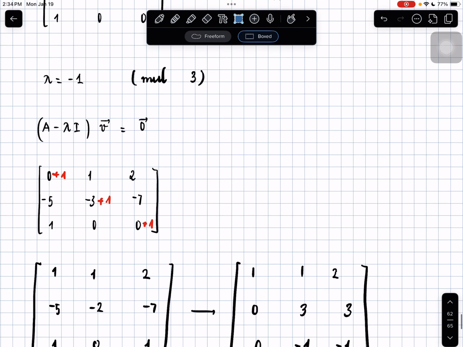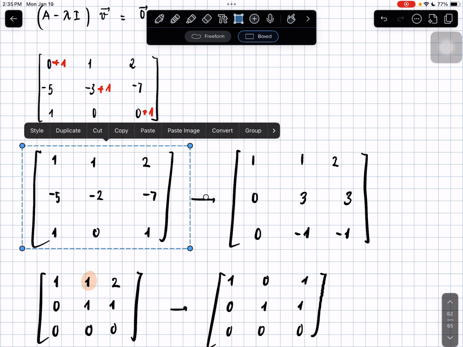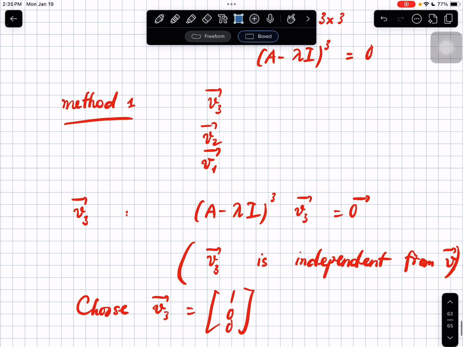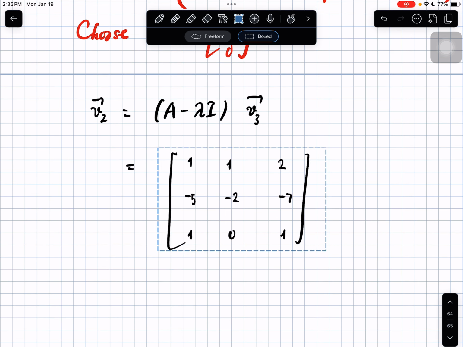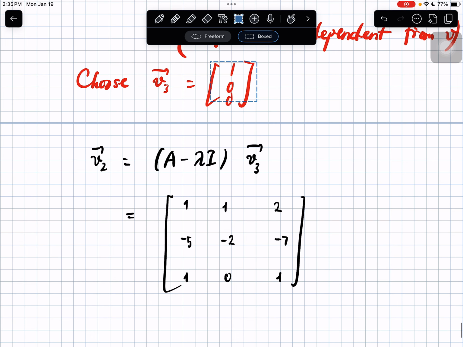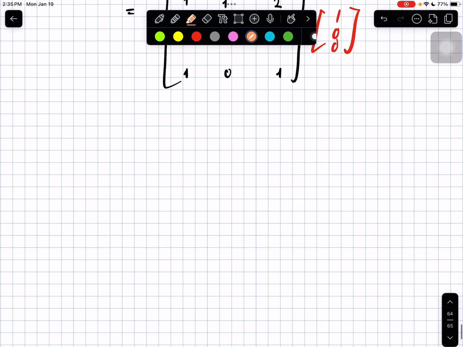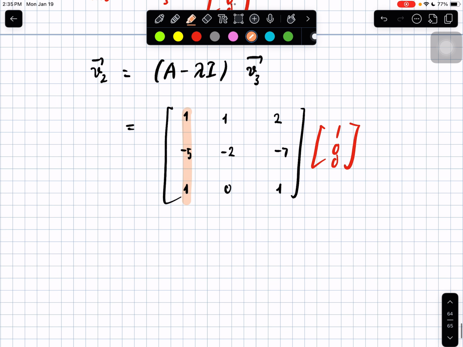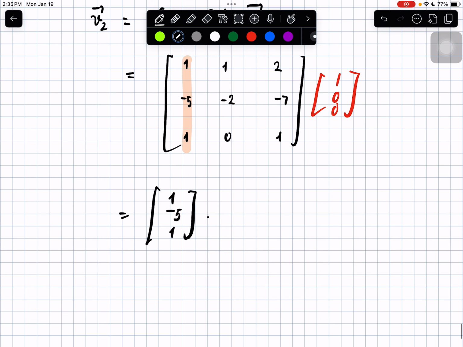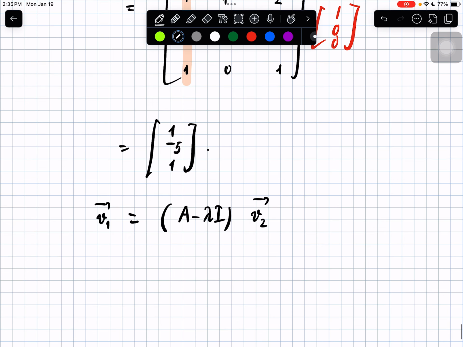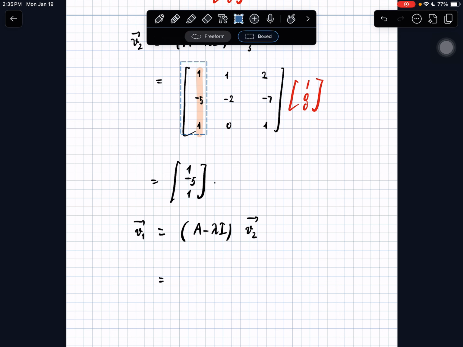A minus lambda I is this matrix, and v3 is 1, 0, 0, so we get the first column of A minus lambda I, 1, minus 5, 1. And v1 is (A minus lambda I) times v2.